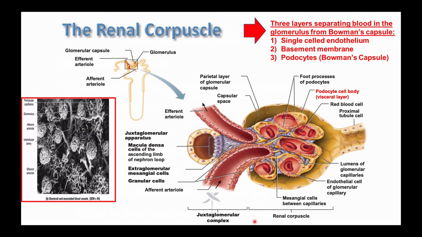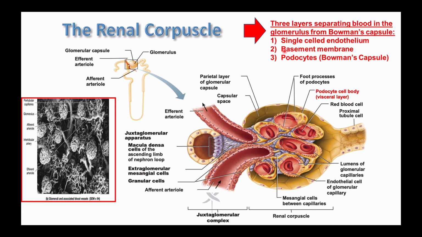Now you have to closely observe here. We are taking one Bowman's capsule, and you can see the blood passing through these capillary beds. This layer separates blood in the glomerulus from the Bowman's capsule.